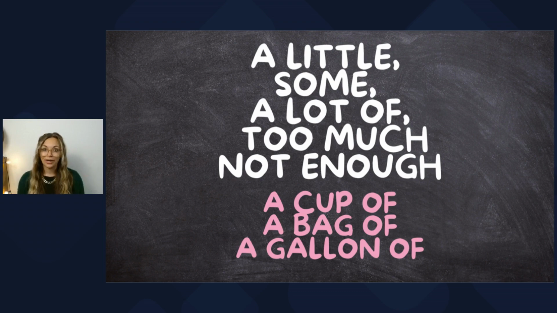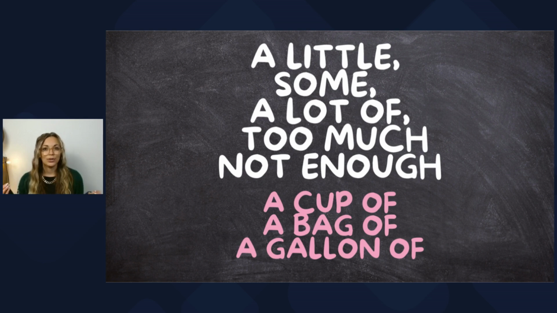I need more gas in my car. I have to go get gas. Again, not I have to go get 10 gas. 10 gallons of gas or more gas. Hopefully that cleared it up.